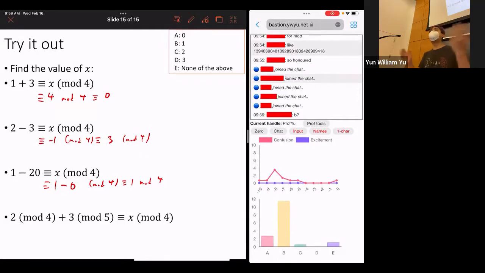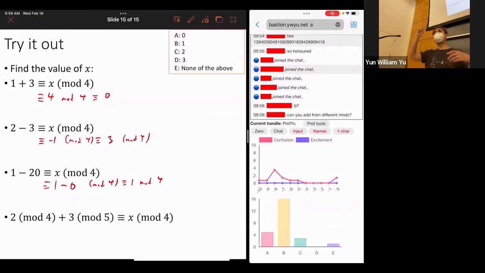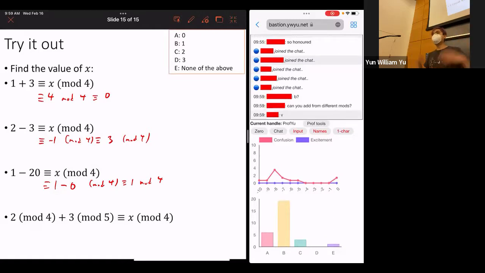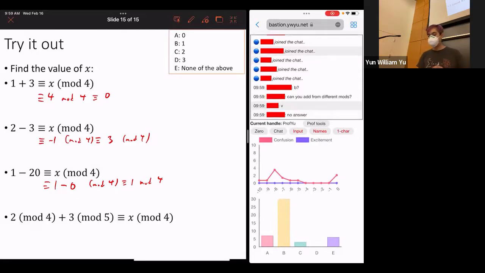So someone asked me a little bit ago, does it mean that you have bigger steps when you're taking mod 4 or mod 5? And I gave some answer about how that isn't something we figured out yet. So what do you guys think is the answer for this one? Okay. Yeah, so there's a question in chat. Can you add from different mods, or is there no answer?